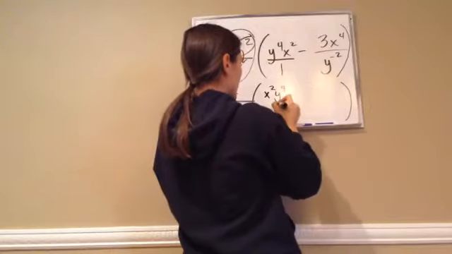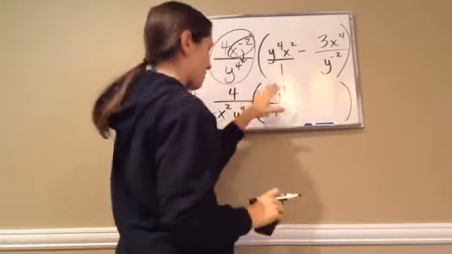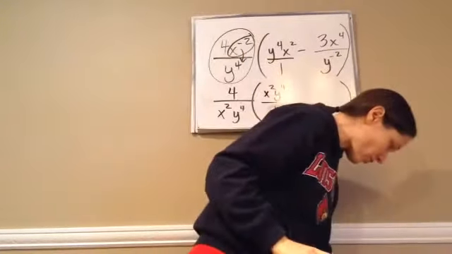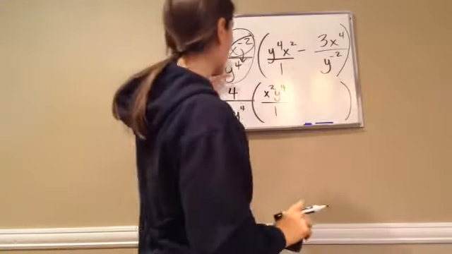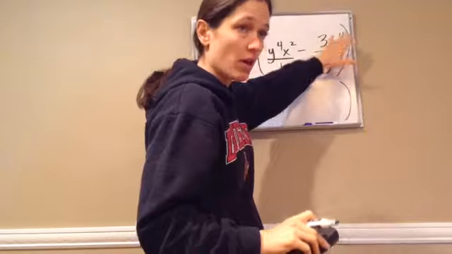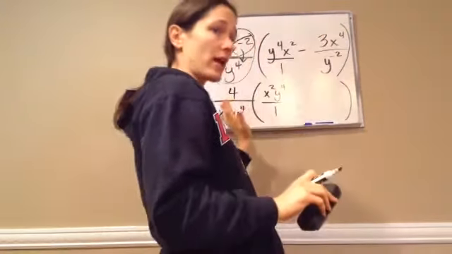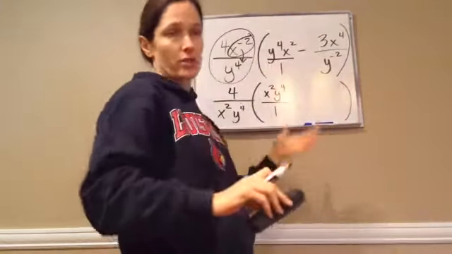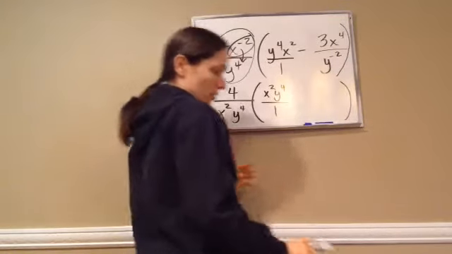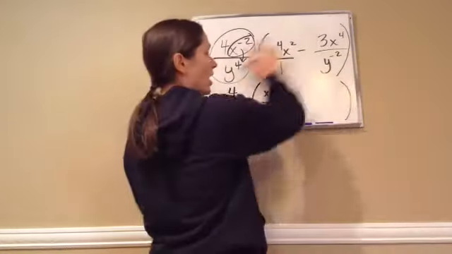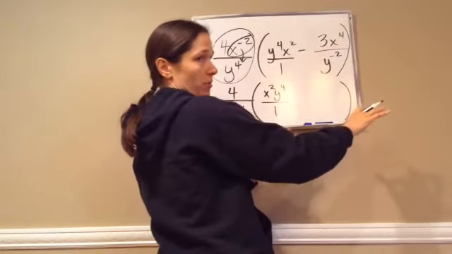Hopefully you see that what I'm doing is making everything positive. They want the answer with all the exponents positive. So I'm going to make the equation all positive exponents. That way when I do the problem, the answer is in the form it should be. Did you get what I mean by that? Yep. So we're making everything positive, and then we're going to work the problem.